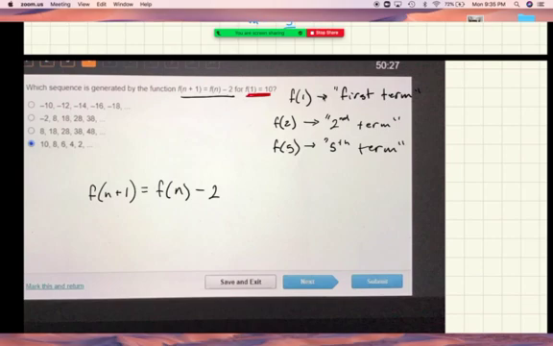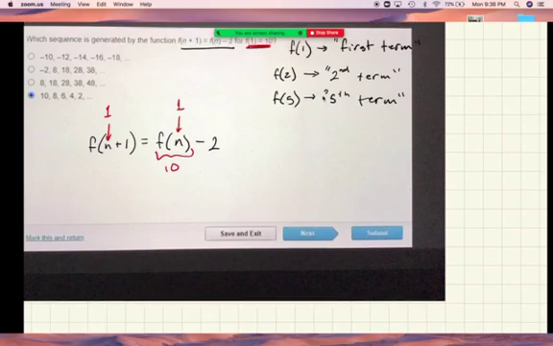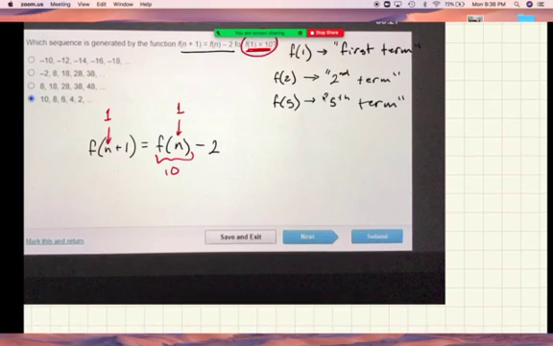So that means if we plugged in a 1 here for n, then we could change this whole thing to 10. Does that make sense? But if we switch out the n for a 1 here, we'd also have to switch out the n for a 1 there. So we already know f of 1 equals 10.